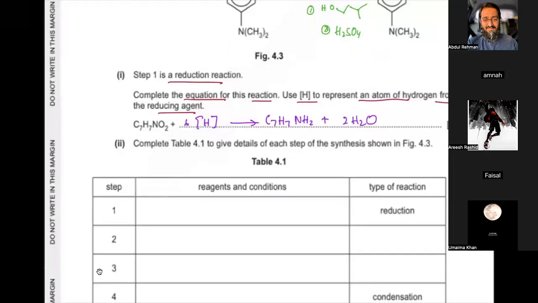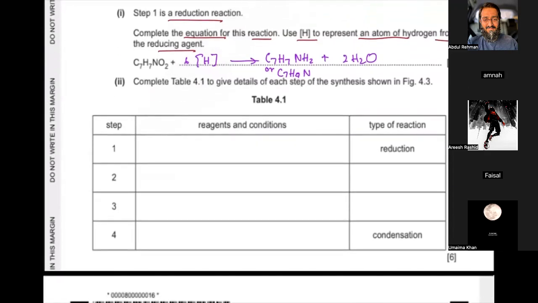I think it's understandable to all of you. Or instead of this, you can write C7H9N. Now, they are asking for the reagents and conditions.